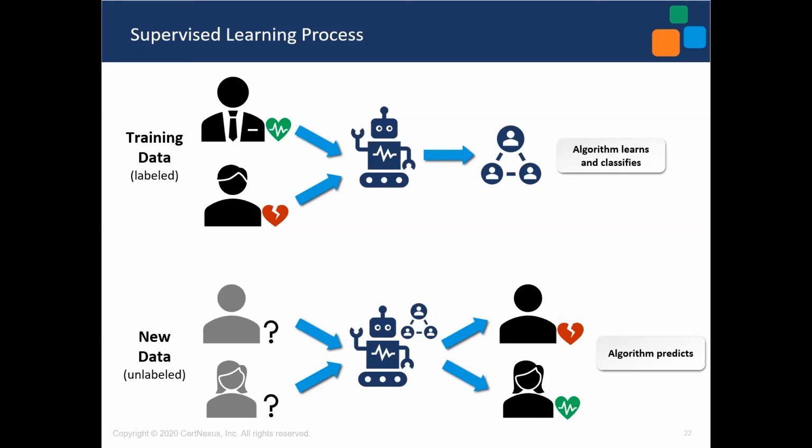So we provide that training data, and then we use new data. This could be your test data, or eventually the data that you want to be able to define. Now you input the data, and the algorithm says, I know this person has these characteristics, and it's likely to say whether they have good or poor heart health. Again, it's a prediction the algorithm is making.